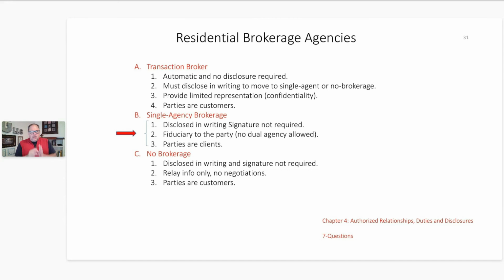Now, under transaction broker, it provides limited representation. That word limited representation under a transaction broker means you have to uphold somewhat of a confidentiality with them. Now, here's the question I'm going to ask you. Don't be tricked by this now. Can you work with a buyer and a seller as a transaction broker?